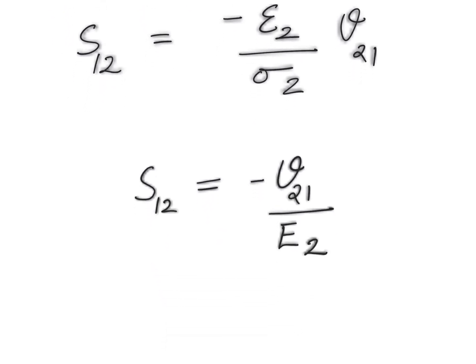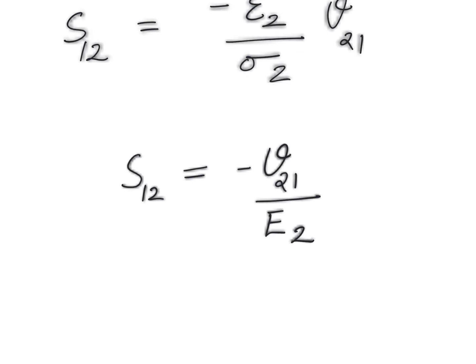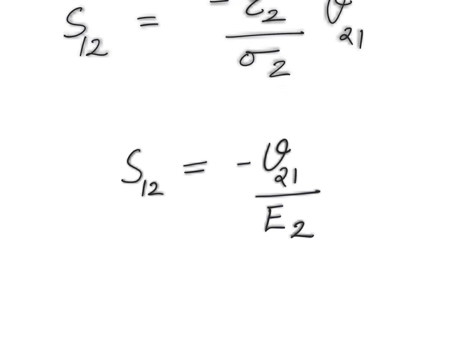That is nothing but the reciprocal of Young's modulus in the second direction. Makes sense? So S12 is related to the Poisson's ratio in the 12 plane as well as the Young's modulus in the second direction.